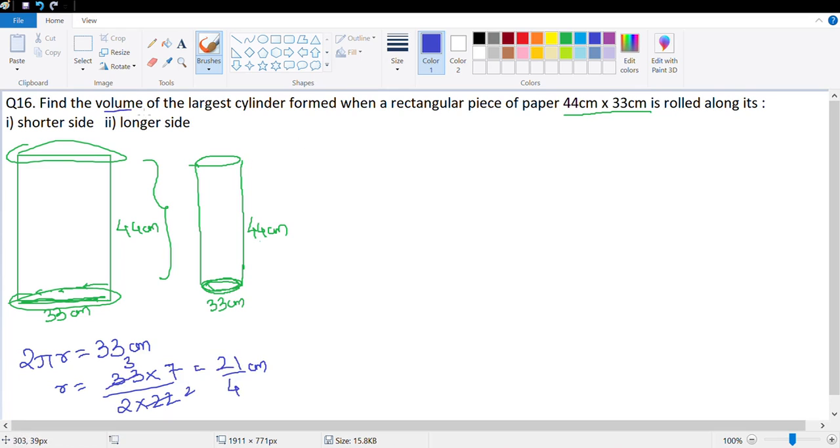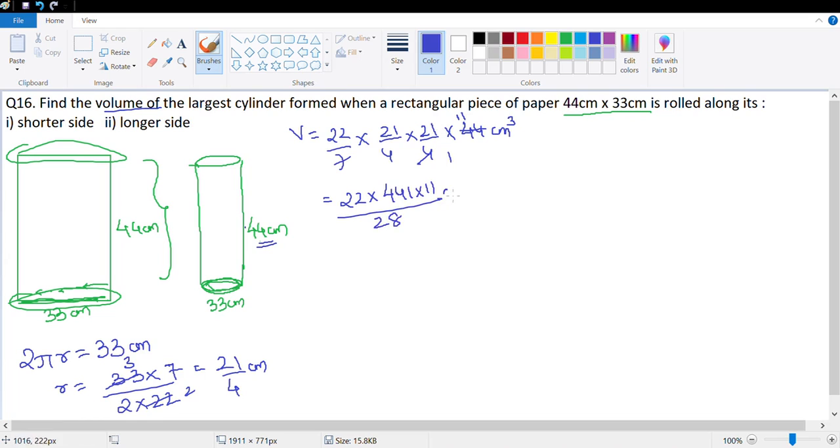We need to find the volume. So volume would be equal to pi r square. In this case, 21 by 4 multiplied with 21 by 4 into h. H would be 44, and the unit would be centimeter cube. So this is 4 into 1, this is 4 into 11. So we have 22 into 21 square, that's 441 into 11 upon 28 centimeter cube.